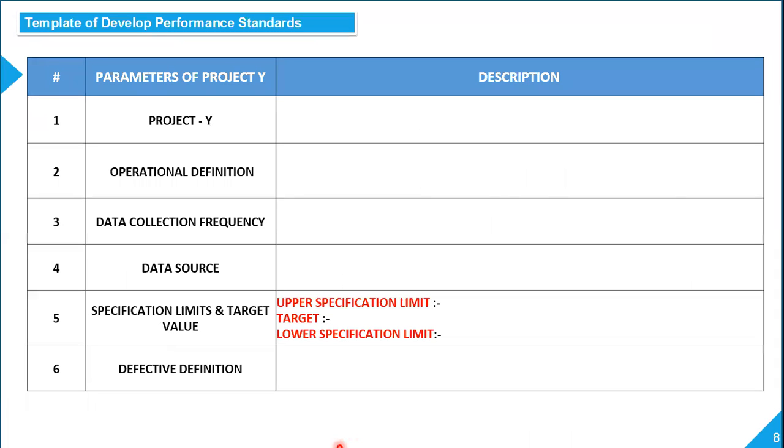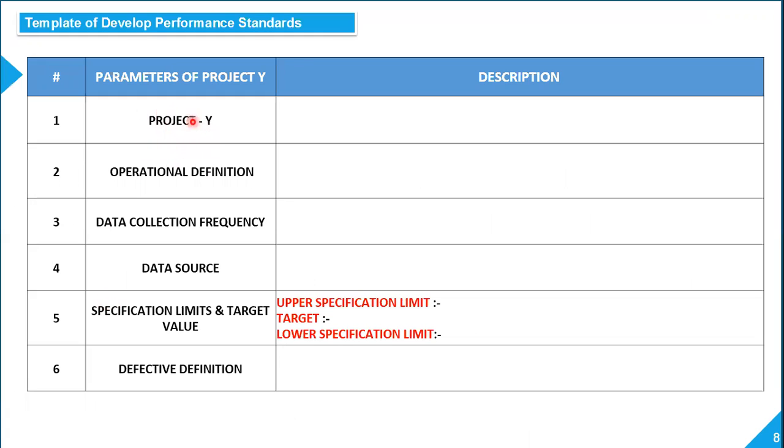This is the template of a performance standard. You can see we have 6 different elements in many performance standard documents of many Six Sigma projects. They may have additional parameters as well, but these are the 6 most important core parameters of any performance standard document.